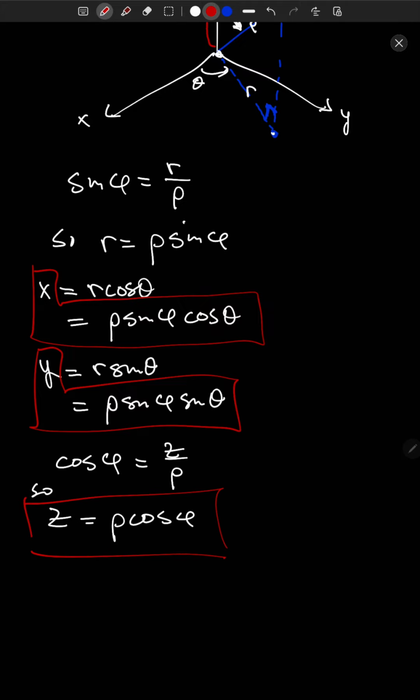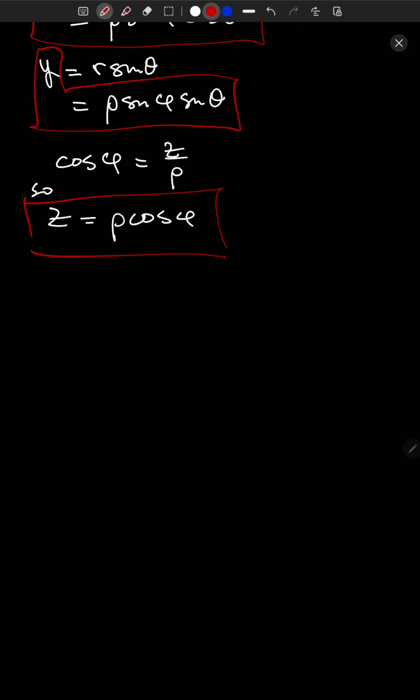All right, so that allows us to convert from xyz to spherical coordinates, which is mostly the type of conversion that we are going to be doing. If you do want to convert in the other direction, it's relatively straightforward.